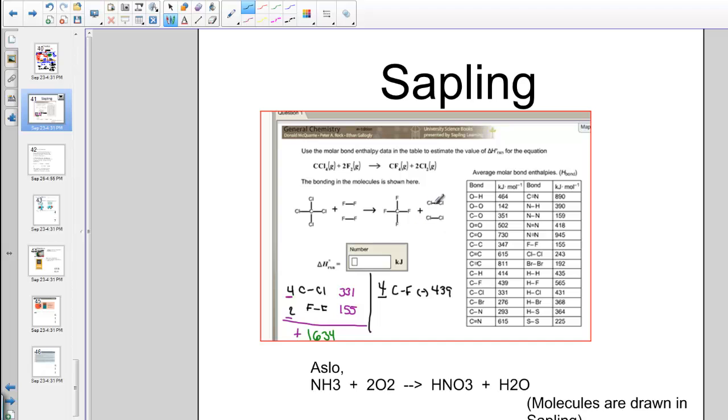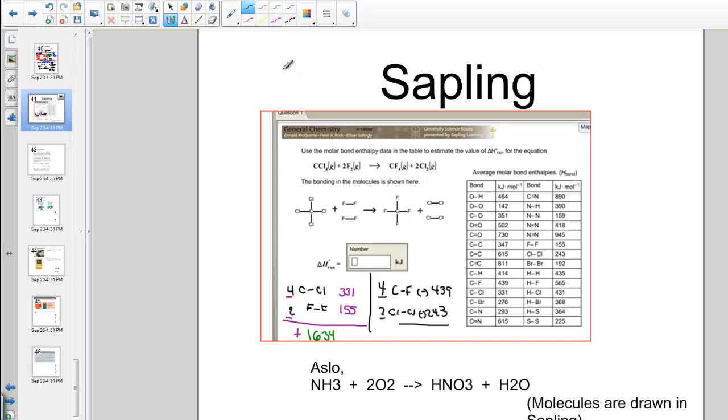How about over here? We have 2 Cl bonds, single bonds, but there's 2 of them. Chlorine to chlorine, here it is, Cl to Cl, 243. And just to remind ourselves, we're making it negative.